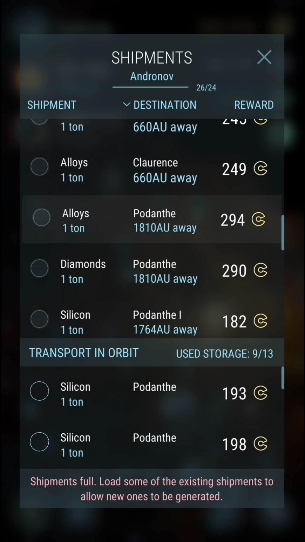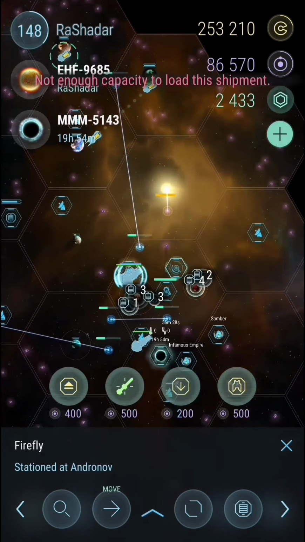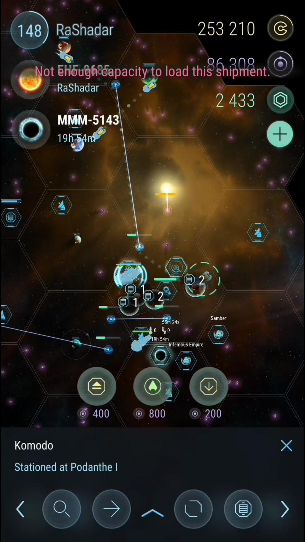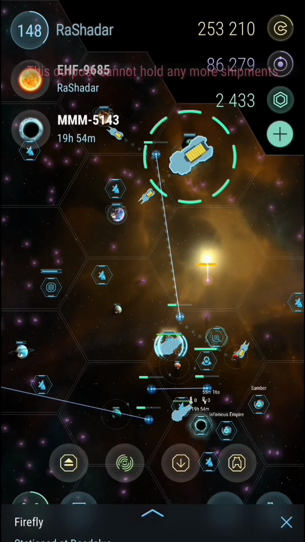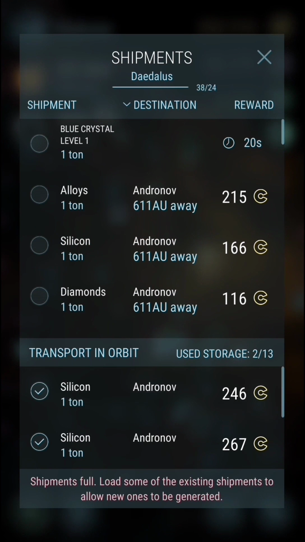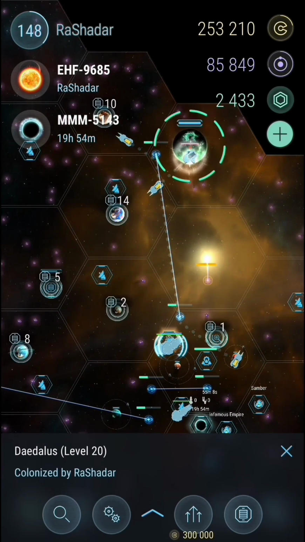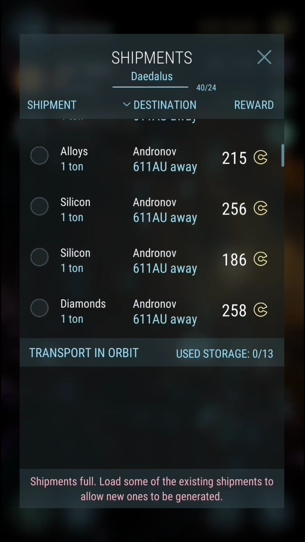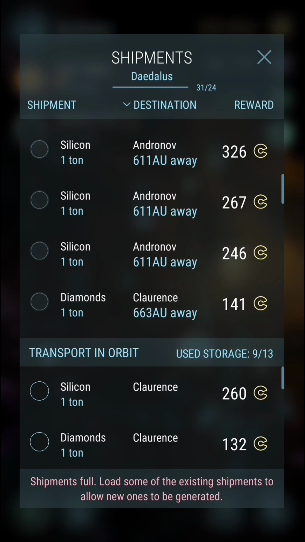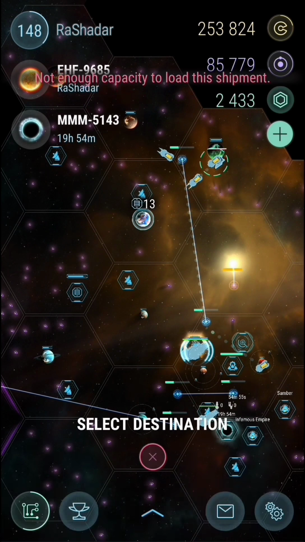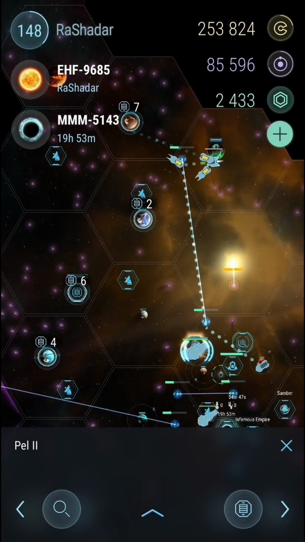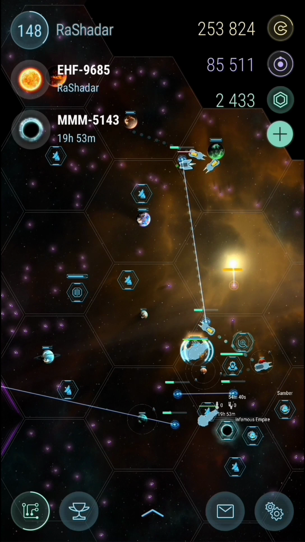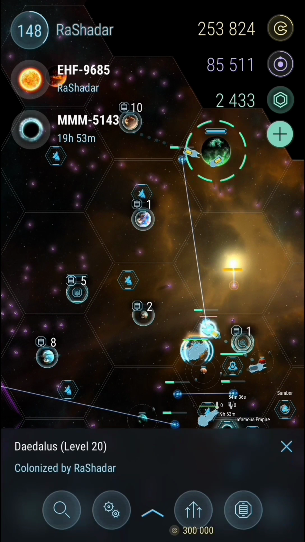And if you do end up in that situation, what you can do is put a trade station next to it. In my system, I'm really hoping that I can put all three of my trade stations in sectors that touch. But if it doesn't work out, that's one really cool use for the trade stations: you can effectively use them to make a new cog, which is really nice.